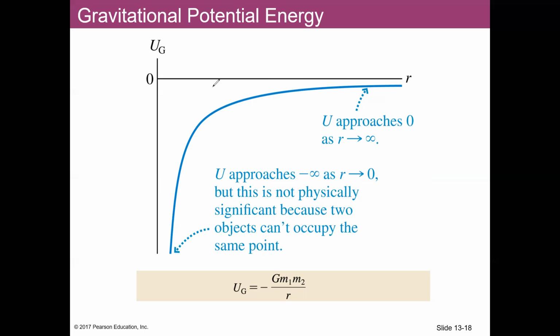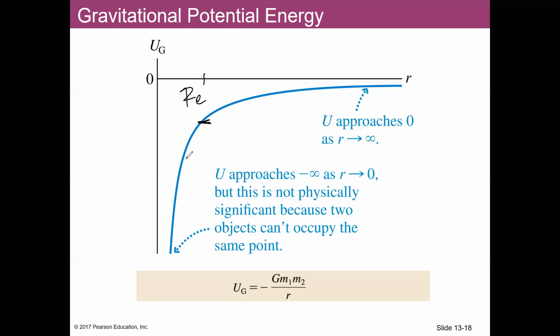Like if you have a comet or a meteor heading towards Earth, ignoring a drag force, as it gets closer and closer to the surface, the potential energy is going down and kinetic energy is going up, but eventually its position will be the radius of the Earth. And so the potential energy never decreases further because it's not going to tunnel through the Earth.